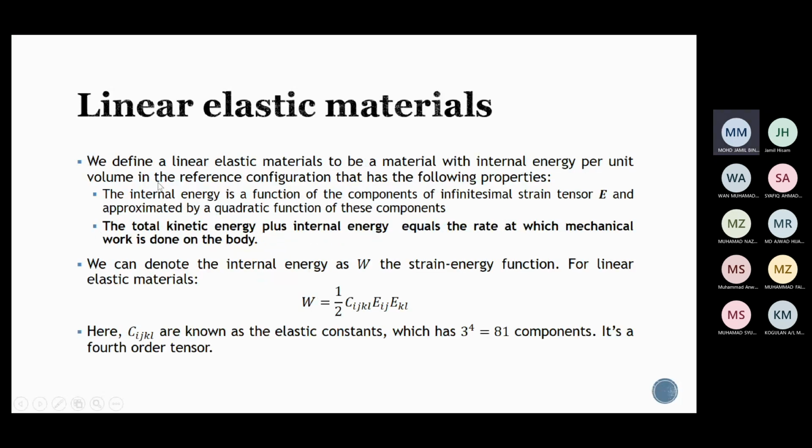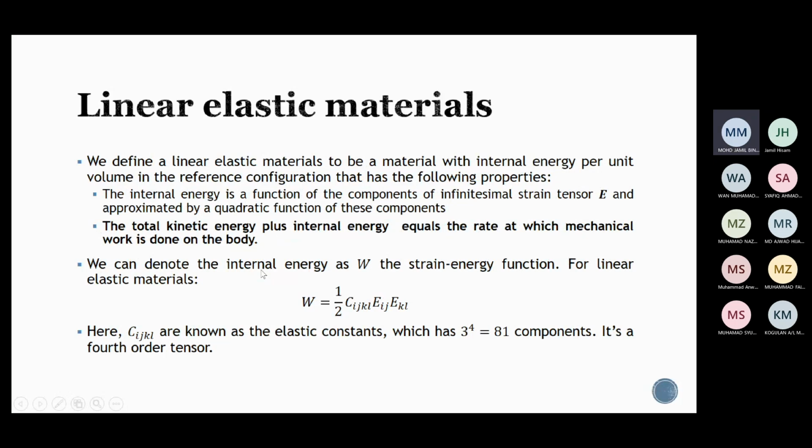So we can define a linear elastic material to be a material with internal energy per unit volume in the reference configuration that has the following properties. The internal energy is a function of the components of the infinitesimal strain tensor E and is approximated by a quadratic function. And the total kinetic energy plus internal energy equals the rate at which mechanical work is done on the body.